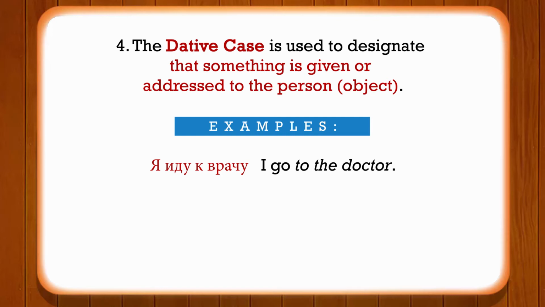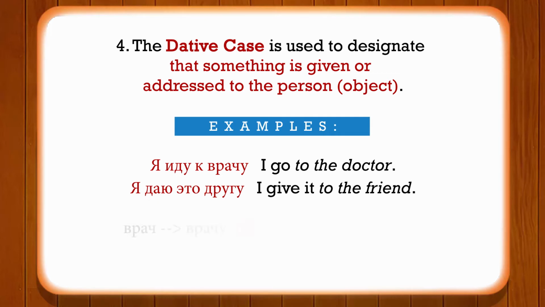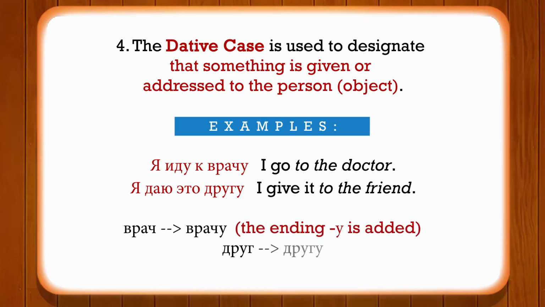Likewise, you also have verbs here. For example, in the second sentence, я даю это другу. That has been conjugated in the form of я даю это кому? To whom I am giving it? Я даю это другу. I give it to the friend. Likewise, vrach changes into vrachu and drug is changing into drugu.